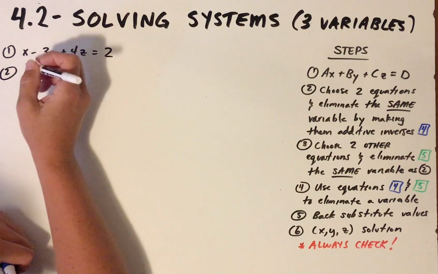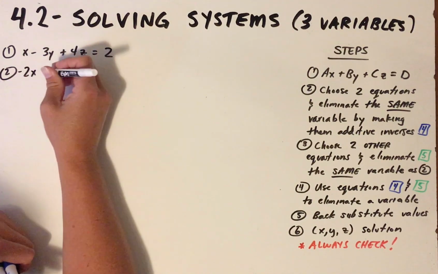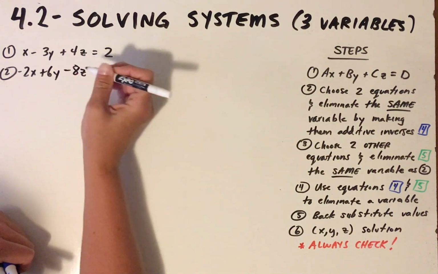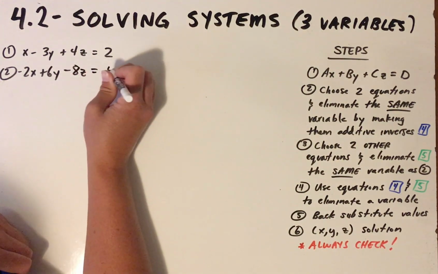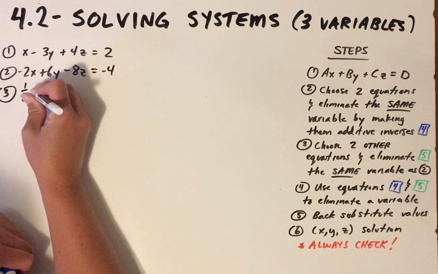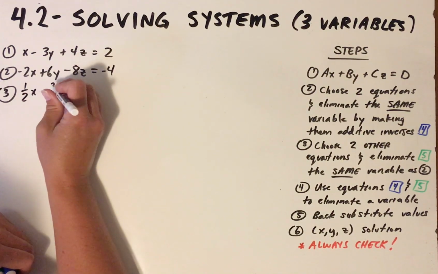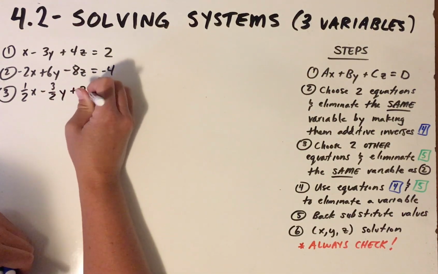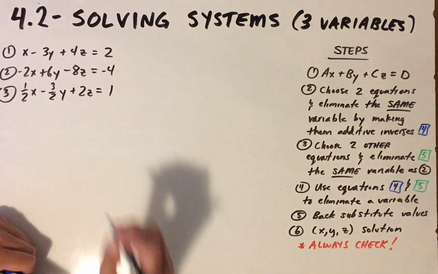My equation 2 is going to be negative 2x plus 6y minus 8z is equal to negative 4. My equation 3 is going to be 1/2 x minus 3/2 y plus 2z is equal to 1.